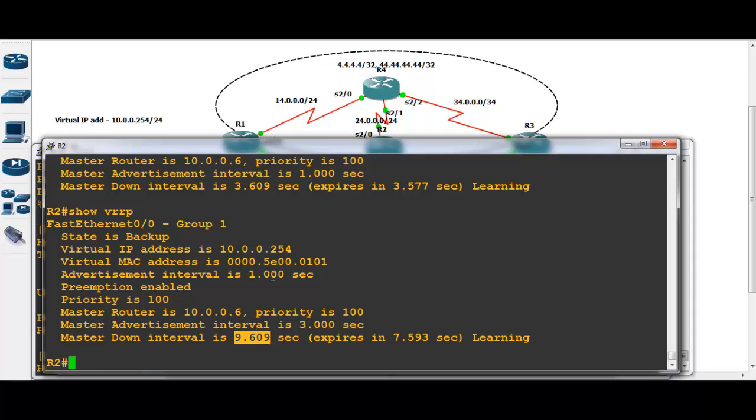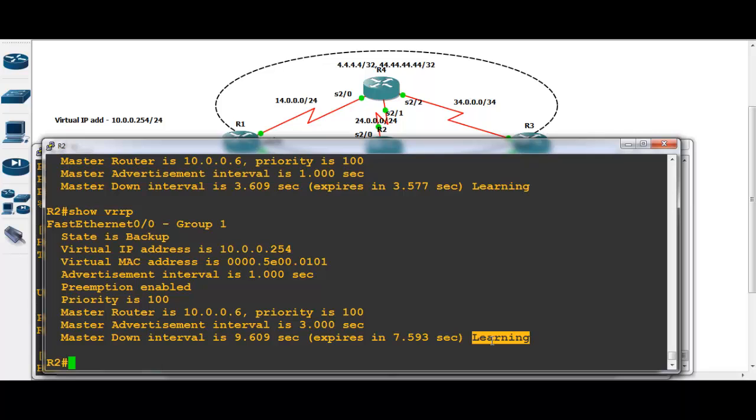So it is going to keep on advertising only every second, but it will wait for the master to be down for this many seconds. Learning. Nice. Alright, so if it is in milliseconds, it's not going to happen. It needs to be in seconds.